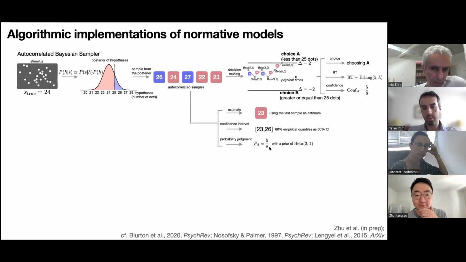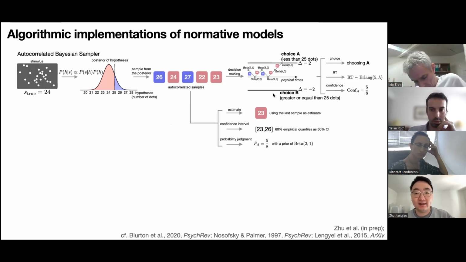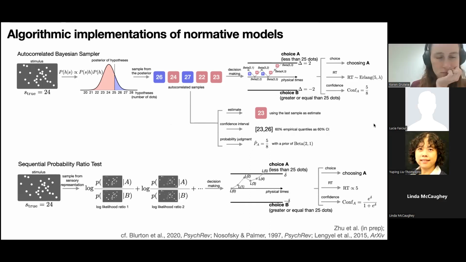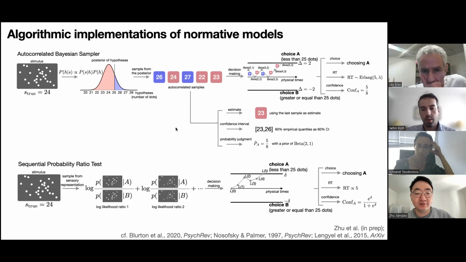And just to contrast this whole framework with a classical framework, we have the sequential probability ratio test. They also start from, for example, the same sensory stimulus. But the SPRT is essentially sequentially recalling a noisy version of the sensory stimuli, as we can see here.